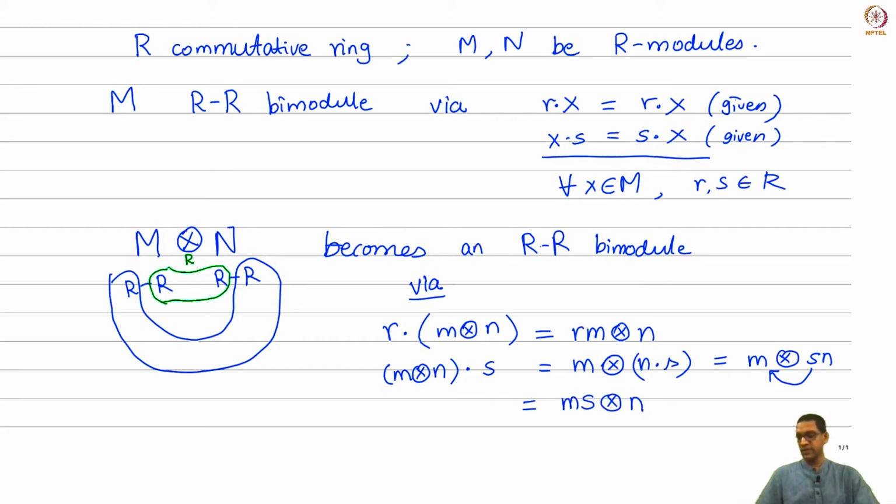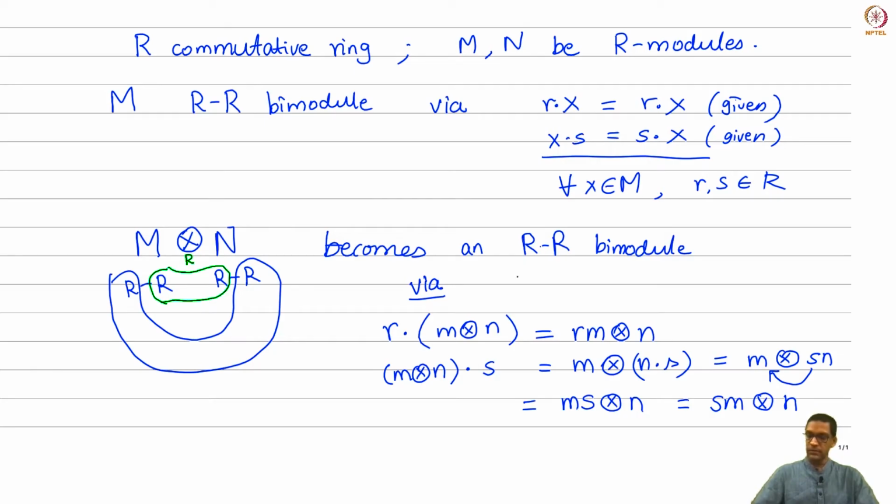Okay, so this is another way of thinking about it, but ms is the same, remember, as sm, because that's the definition, tensor n. In other words, what this says is that if I replace the s by r everywhere, so observe, if you put r equals s, then these two actions are actually the same. In other words, right multiplication by r and left multiplication by r on the tensor product is actually given by the same thing, which you can think of either way.